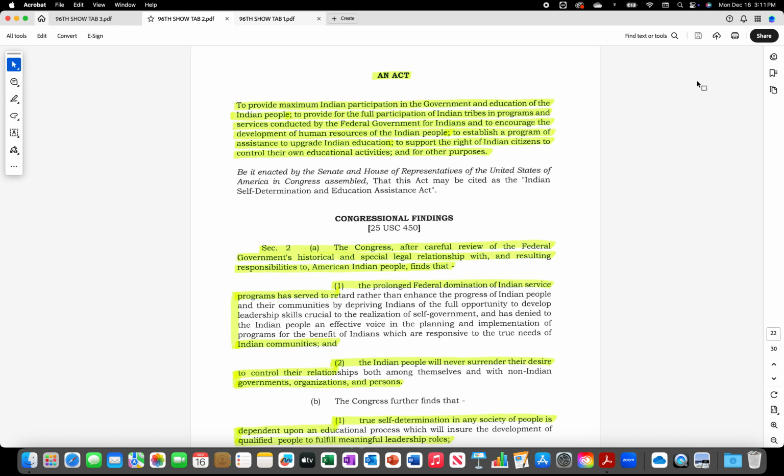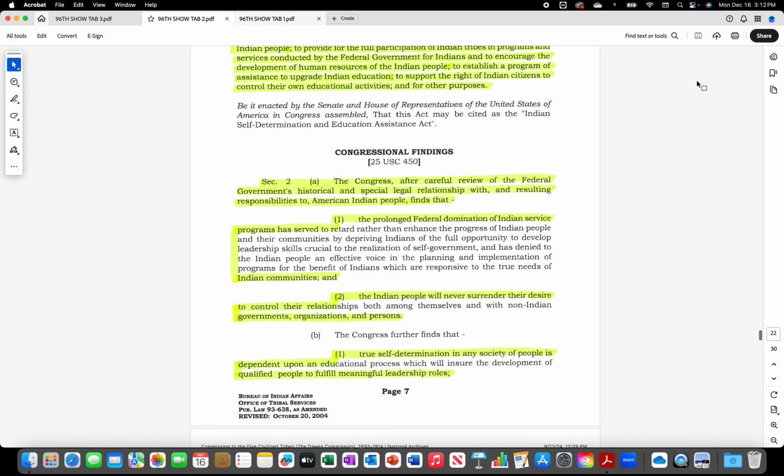The Congress, after careful review of the federal government's historical and special legal relationship with and resulting responsibilities to American Indian people, finds that the prolonged federal domination of Indian service programs has served to retard rather than enhance the progress of Indian people and their communities by depriving Indians of full opportunity to develop leadership skills crucial to the realization of self-government, and has denied the Indian people an effective voice in the planning and implementation of programs for the benefit of Indians which are responsive to the true needs of Indian communities.